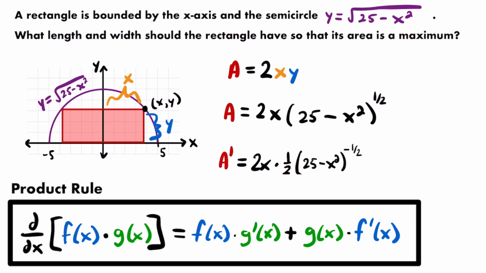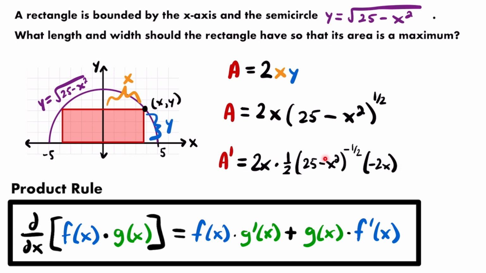Now we need to multiply by the derivative of the inside function, and the inside function is 25 minus x squared, and the derivative of 25 is 0 because 25 is a constant, and then the derivative of negative x squared will be negative 2x, right? We multiply the 2 down, so we have negative 2, and then you subtract 1 from the exponent, so you have 2 minus 1, which is 1. So you have negative 2x to the first power.